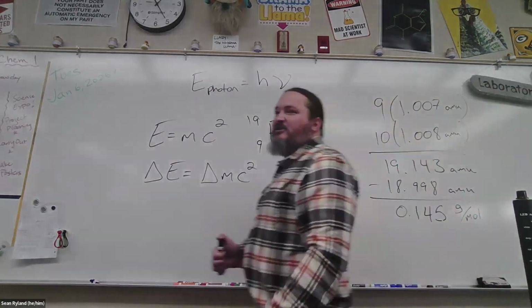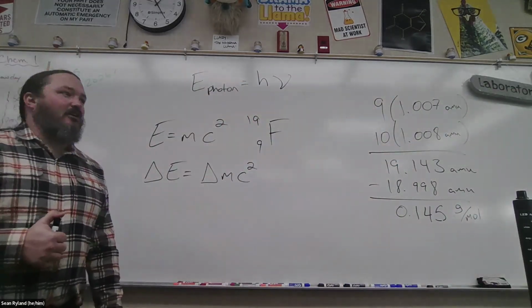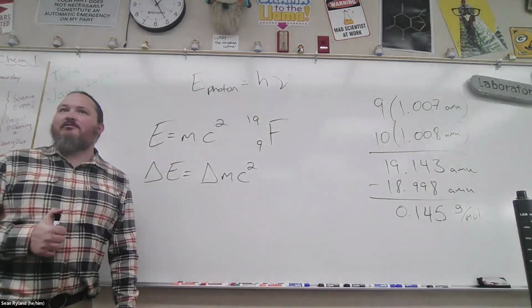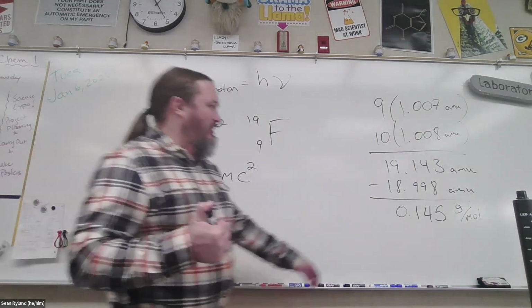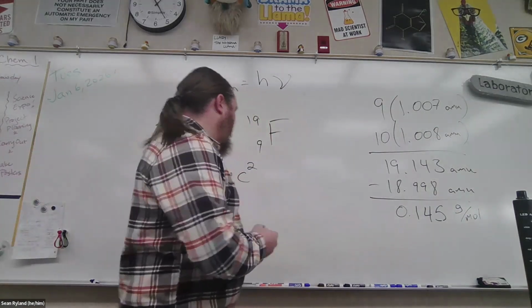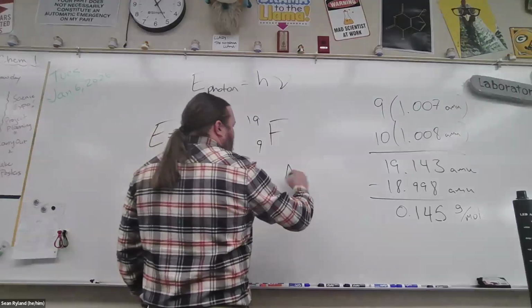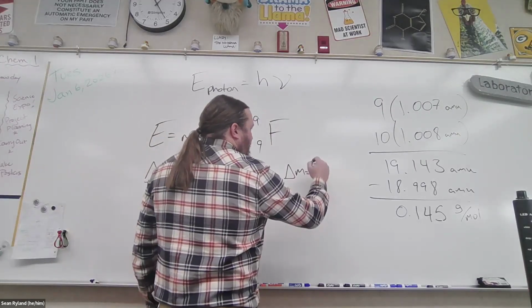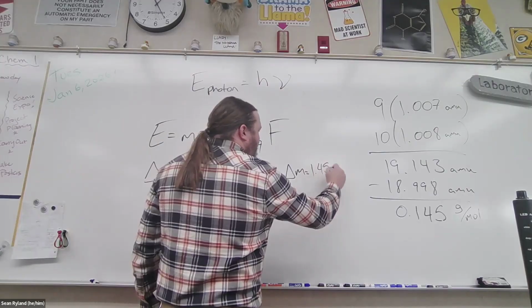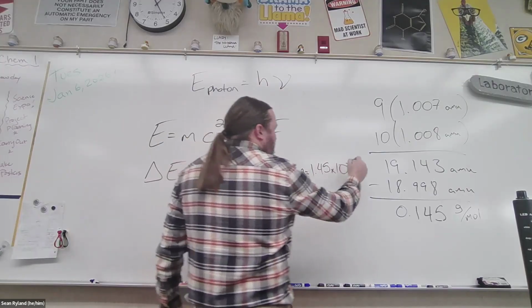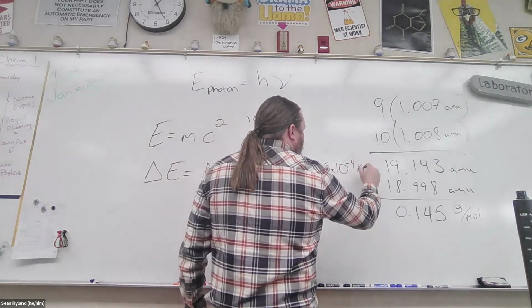Which then looks a little bit easier to figure out a conversion, right? Because we know what the conversion for grams to kilograms is. Divide by 1,000, right? So delta m is 1.45 times 10 to the minus 4 kilograms per mole.